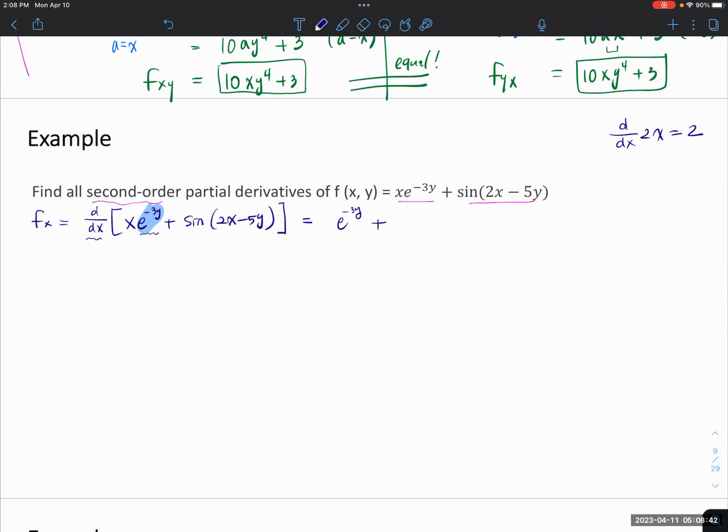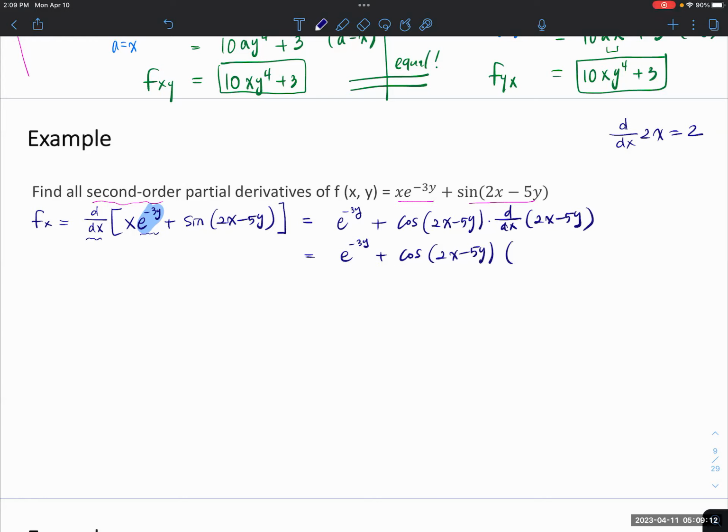Okay, the next one, I see the chain rule. So sine function and 2x minus 5y linear function. So sine will be cosine, right? So cosine outside, and then inside, chain rule. So that would be e to the negative 3y cosine 2x minus 5y.